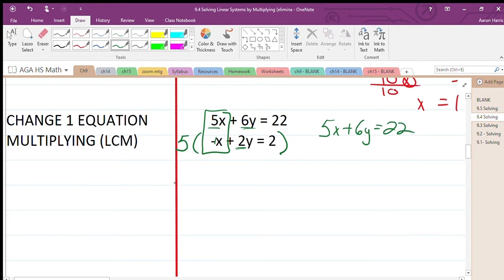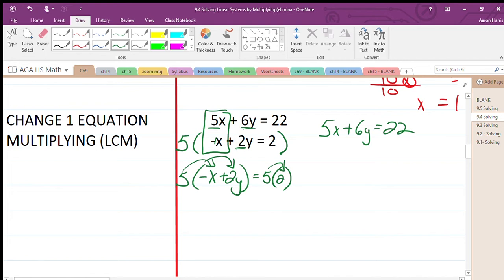But now I'm telling you to do negative x plus 2y is equal to, and notice I just separated it so you can understand it. I need to multiply both sides by 5. That's a law of equality. What I do to one side, I can do to the other. But now I need to distribute this into this binomial and put this in with the 2.